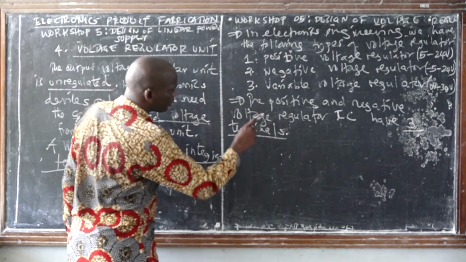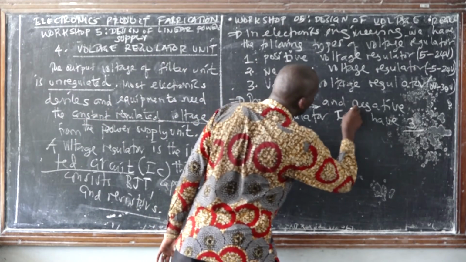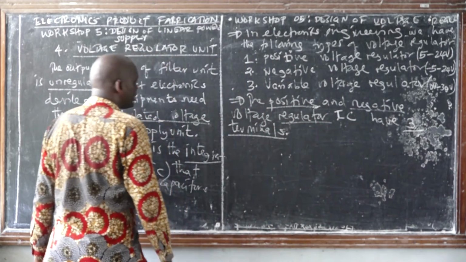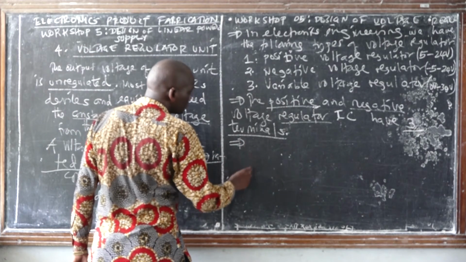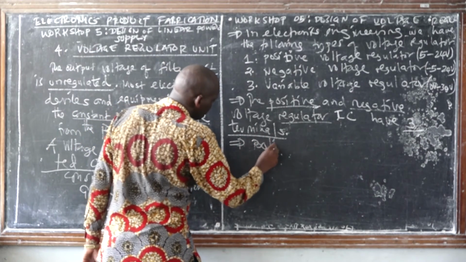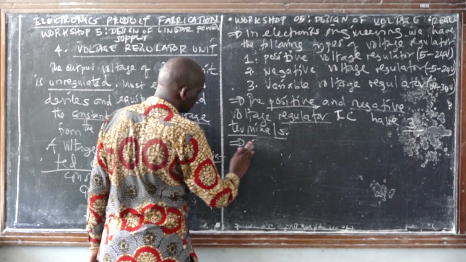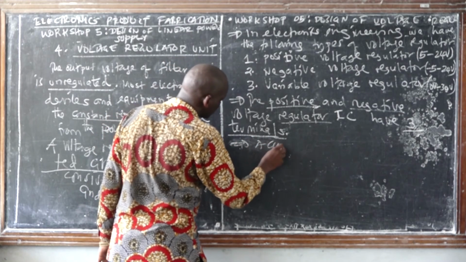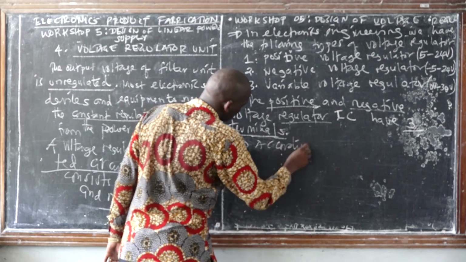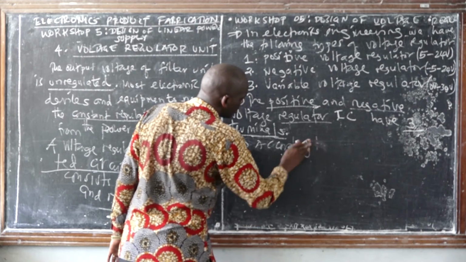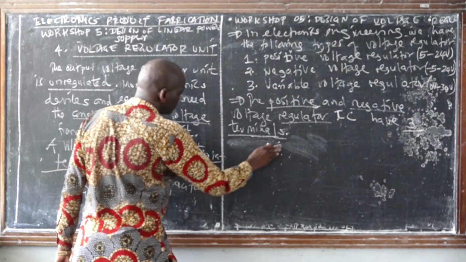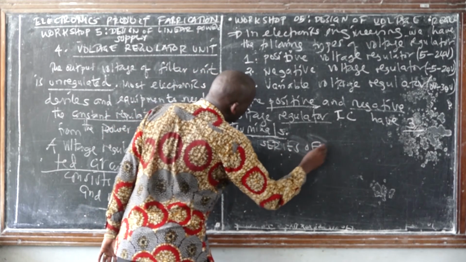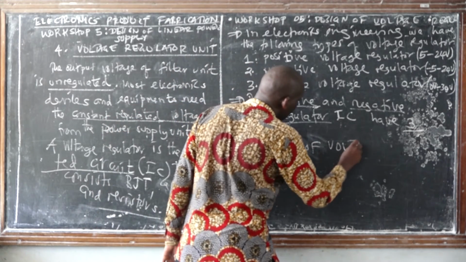Okay. So we say the positive and negative voltage regulator ICs have 3 terminals. So you say that series of voltage regulator.